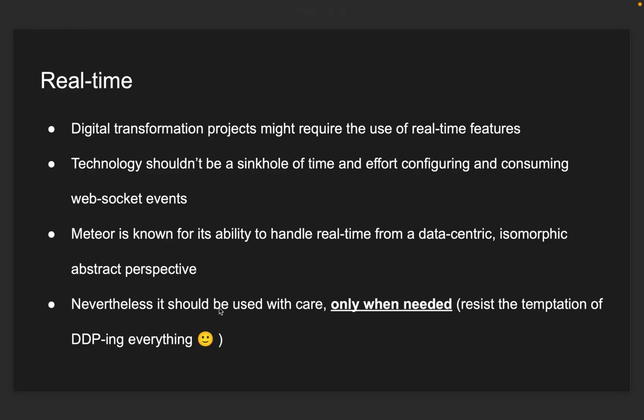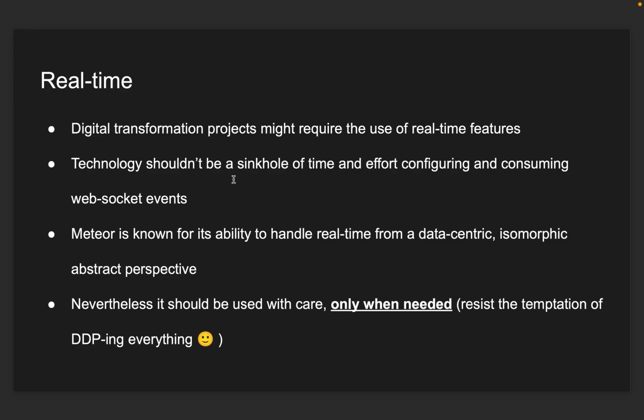Real time. Sometimes in digital transformation projects, you will have customers asking for real-time features. For example, if they're doing logistics, especially if they have a fleet of delivery agents, they need to know where they are, or if the merchandise was delivered or not. So it's cool because if you are doing it from scratch, for example with Socket.io, you can lose a lot of time on something that has no value.